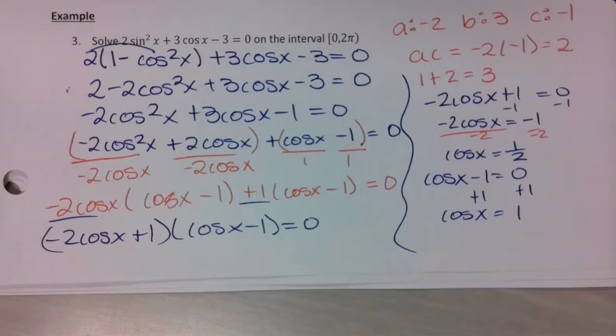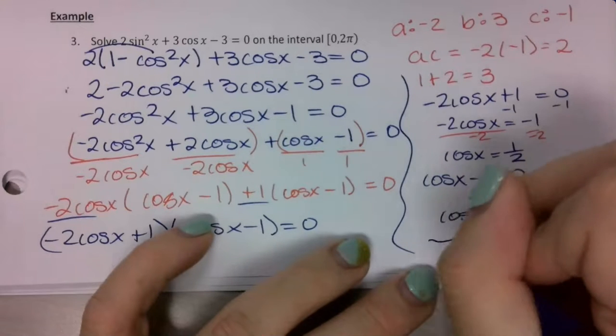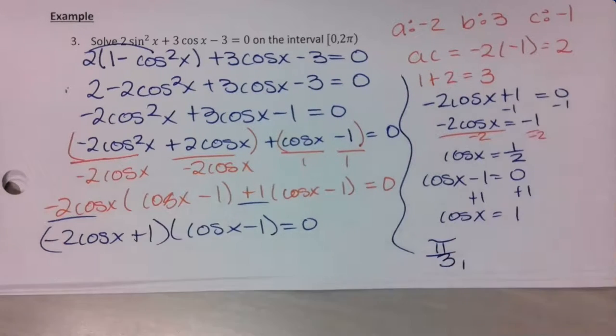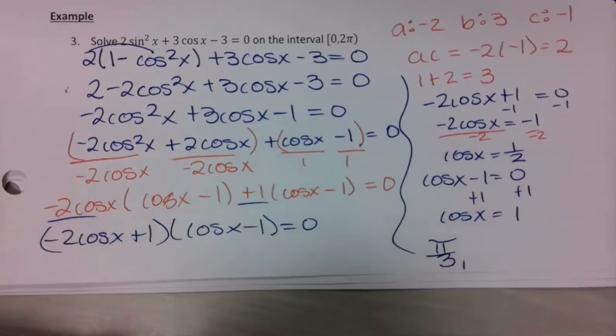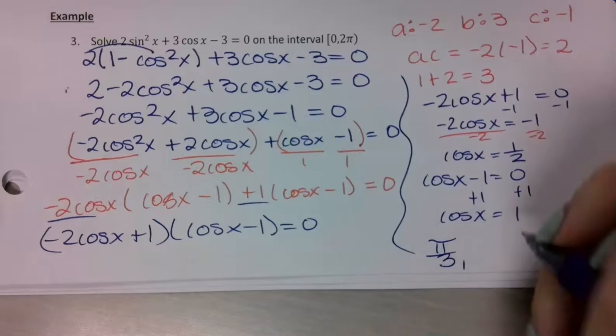Okay, where is cosine 1/2? And where else? Where else is cosine positive? In the 4th quadrant. So how do I do it in the 4th quadrant? 2 pi minus pi thirds gives me 5 pi thirds.